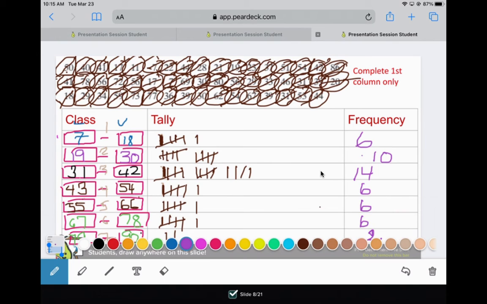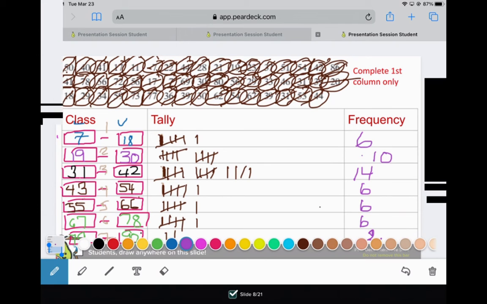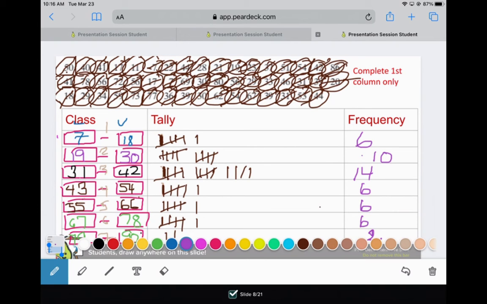Make sure you're taking notes too, especially when we introduce a new concept. Make sure you're taking notes. Okay. Any questions? All right. So I'm going to close this.